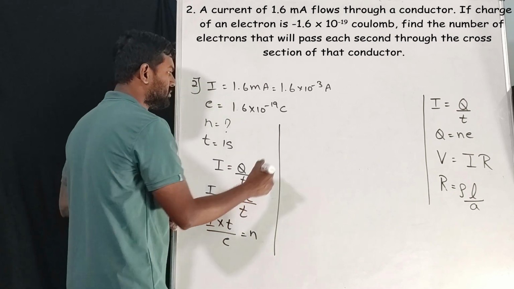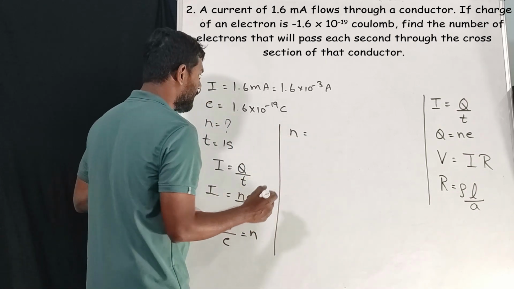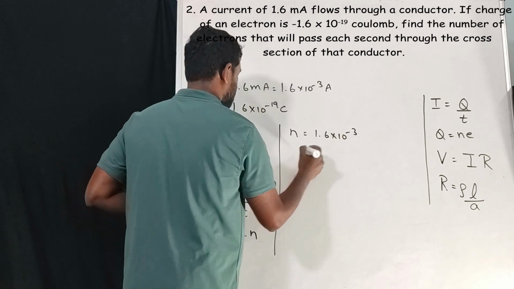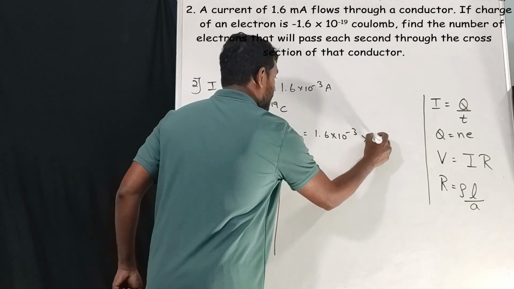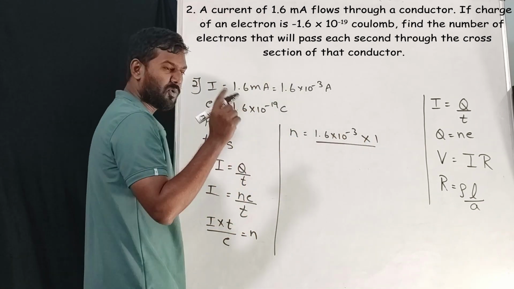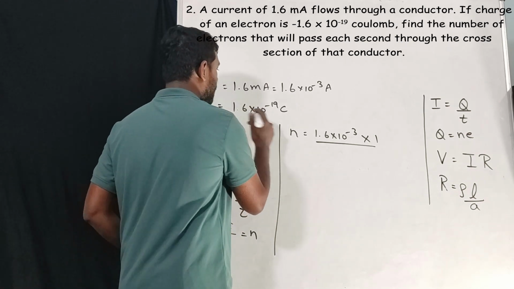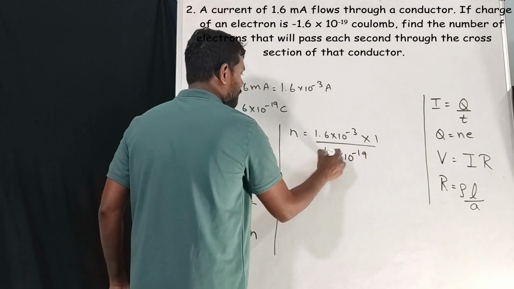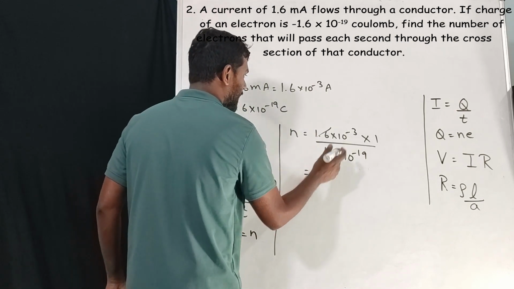We'll substitute the values. N is equal to I, which is 1.6 into 10 power minus 3, into T, each second they are asking, that means 1 second, divided by E. E value is given as 1.6 into 10 power minus 19. 1.6 gets cancelled.